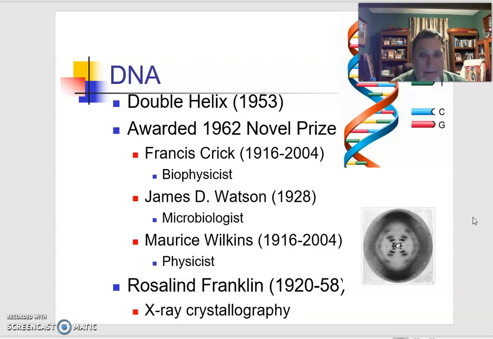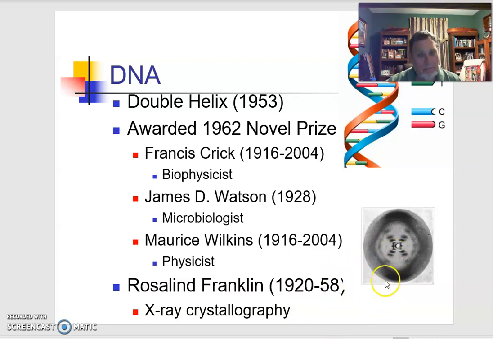One of the stories out of science is that she should have gotten the Nobel Prize with them, but basically they were working on the structure, sort of both being more theoretical. Dr. Franklin did X-ray crystallography, and she had taken what she thought was DNA and taken X-ray pictures of it.